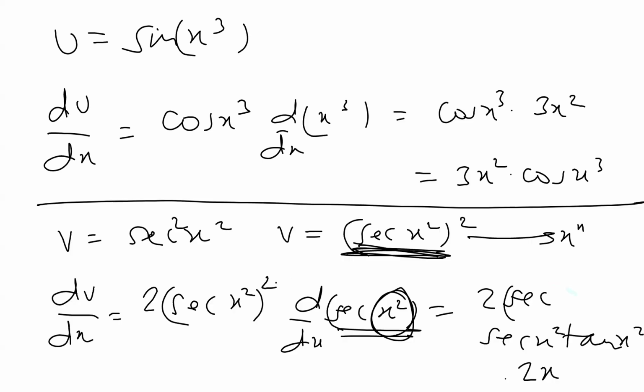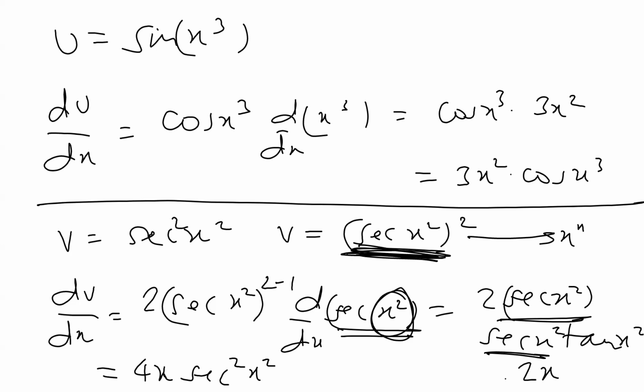So this will be sec x square. Now sec x square into sec x square is sec square x square. So this will be 4x sec square x square into tan x square. Okay, so this is dv by dx.